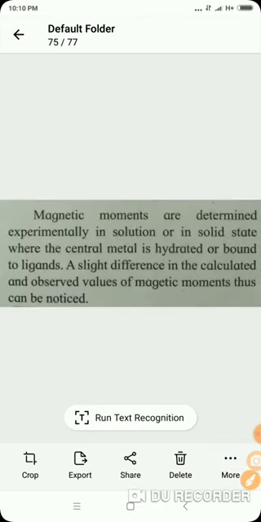Now listen, next part. Magnetic moments are determined experimentally. We can find the magnetic moment experimentally in solution or in solid state where the central metal is hydrated or bound to ligands.